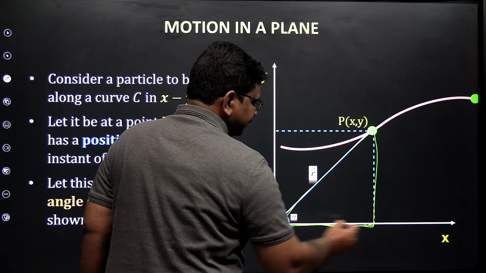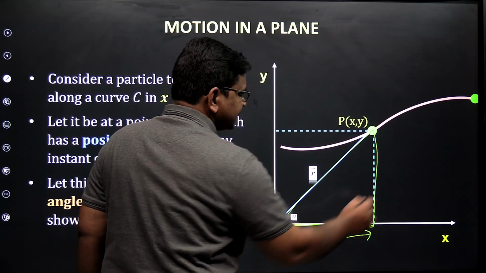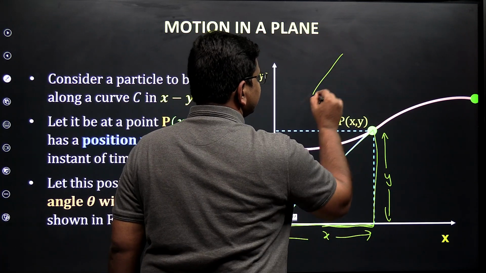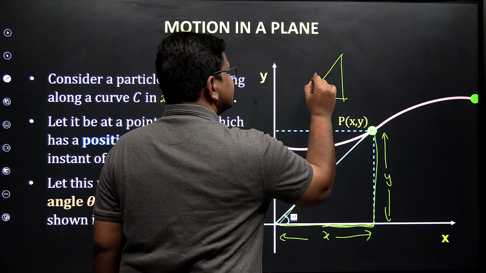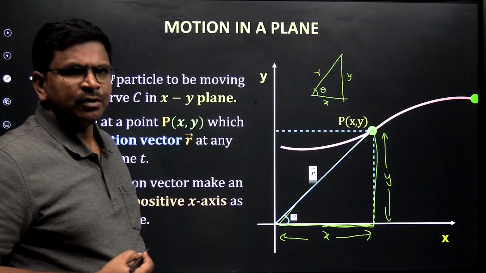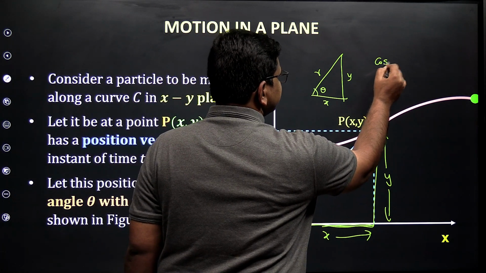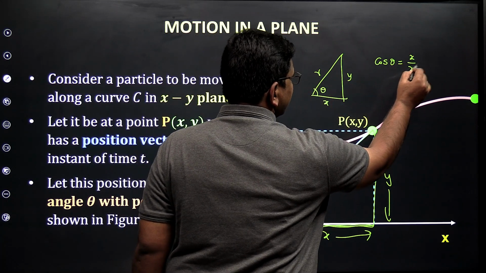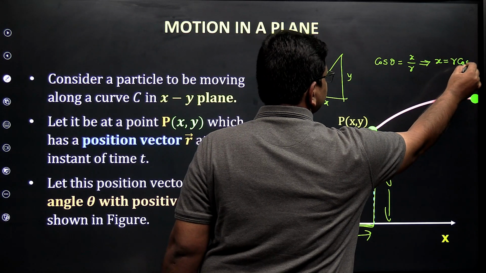I can represent the coordinate x distance and the y distance as its sides. From this right angle triangle, cos theta is adjacent by hypotenuse, x by r, which gives x equal to r cos theta.